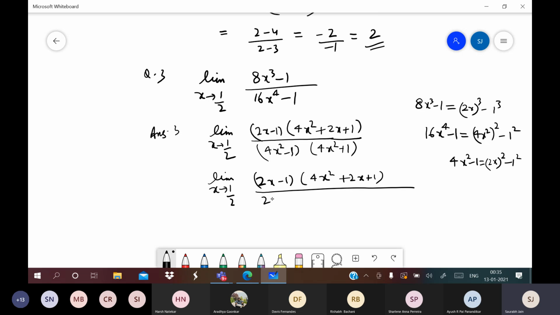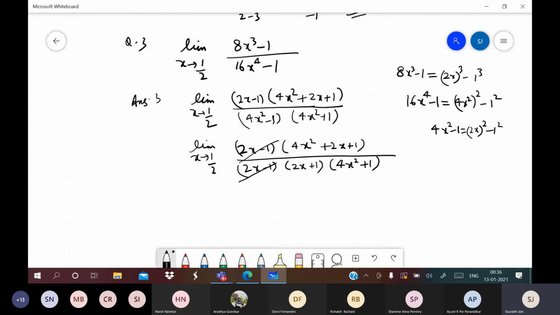Now you will get the common factor (2x minus 1), (2x plus 1) into (4x square plus 1). You cancel it. Okay, now you can put the value. There is nothing common here. Only when you cancel all the possible common factors, then only you will be getting this value. Okay, and here no need to use LHL RHL, just simply put the value.